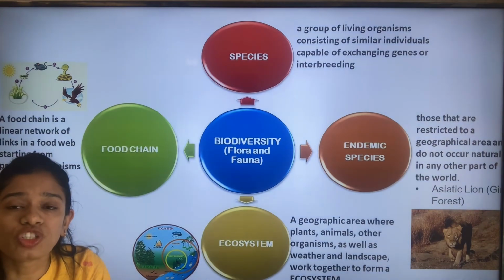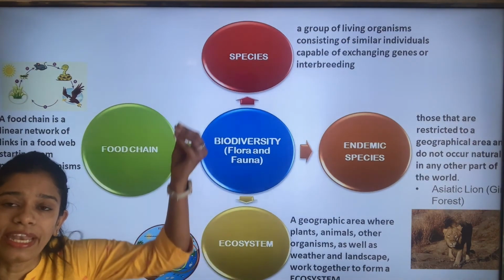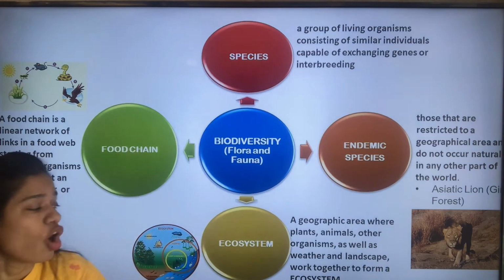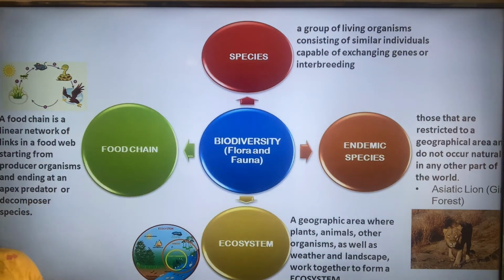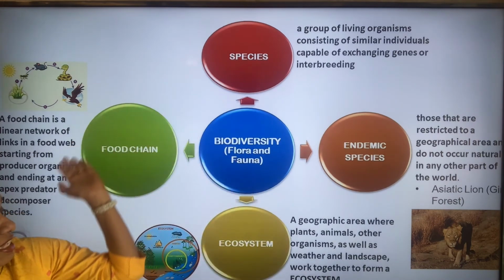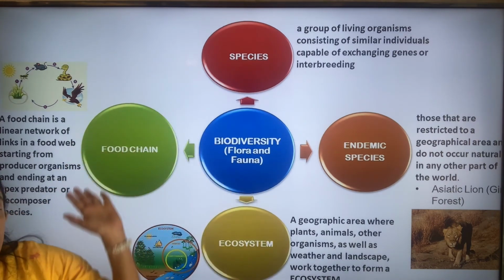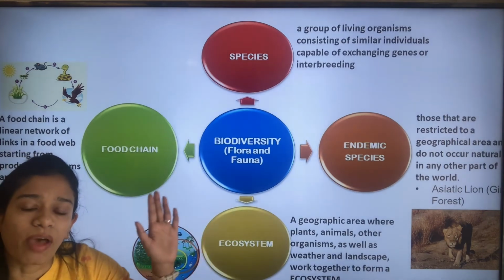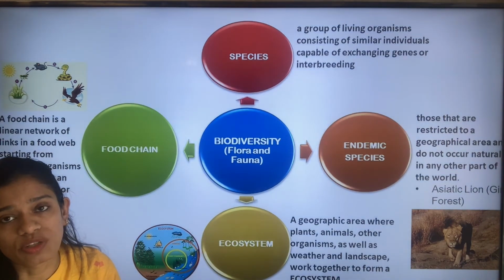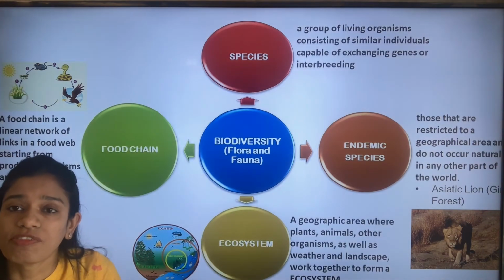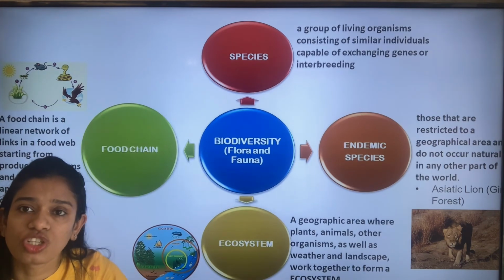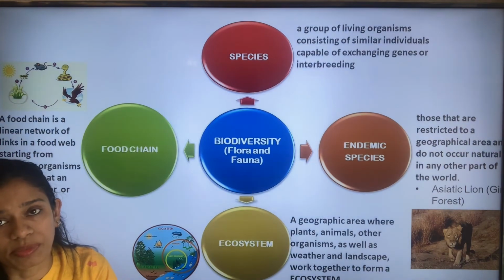So this is a food chain starting with the producers, ending up with the highest predator or the decomposer species. And finally, this gives us an idea of what happens in biodiversity, where there is diversification of plants and animals.